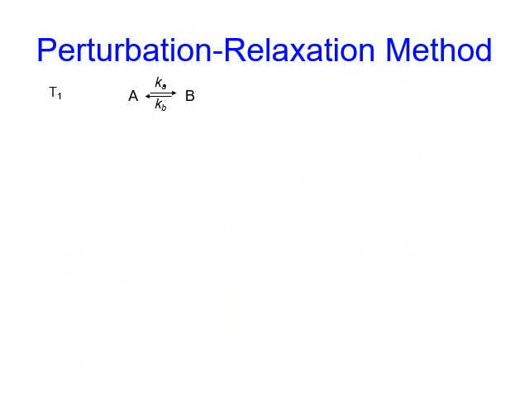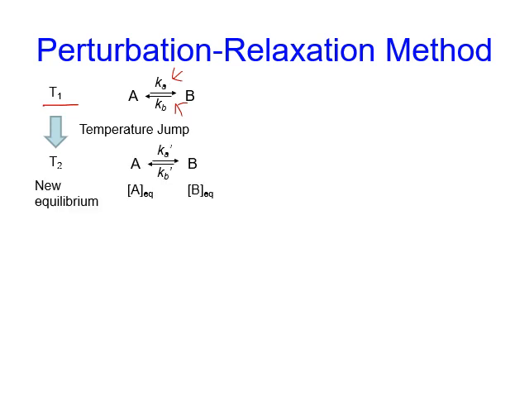One way to measure the forward and reverse rate constants is to use the Perturbation-Relaxation Method. In this method, we let the reaction reach equilibrium at a certain temperature, T1, and then we let the temperature suddenly jump to another temperature, let's say T2, and the reaction will eventually reach a new equilibrium. Okay, but it takes time to reach this equilibrium.